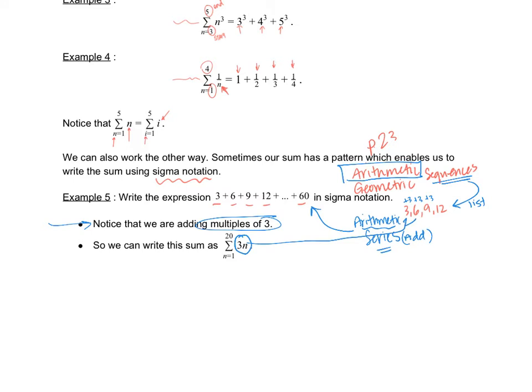If I plug a 1 in, I get 3, 2 and I get 6, 3 in, I get 9. And you can see that was my start, and I'm going all the way to 20. So the last thing I plug in, 3 times 20, makes the 60. So we have a very nice, simple expression to show that sum.